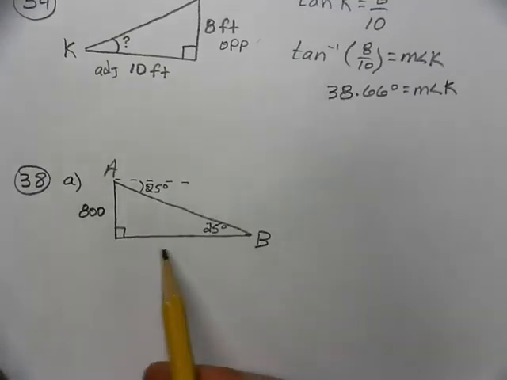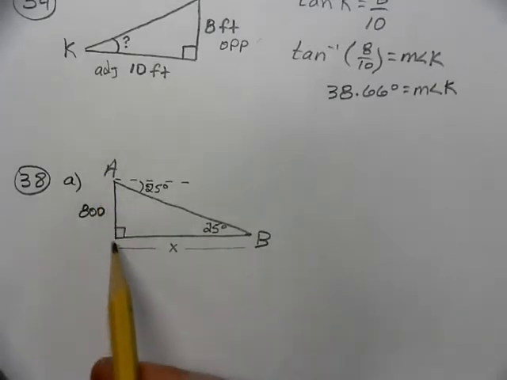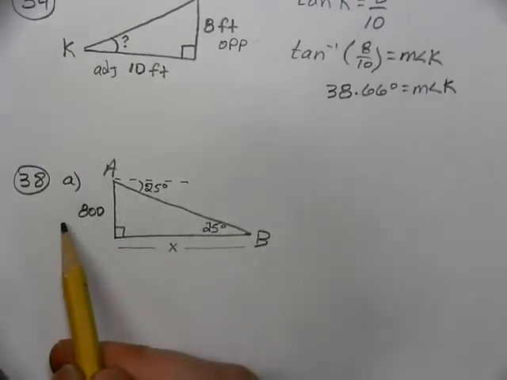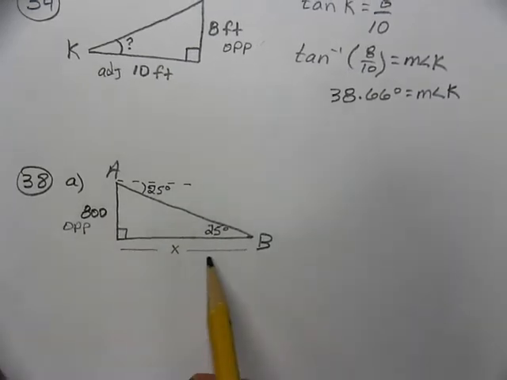We're looking for how far B is from right underneath the plateau. So to calculate that, we're going to look at the opposite side. We're going to look at the adjacent side.